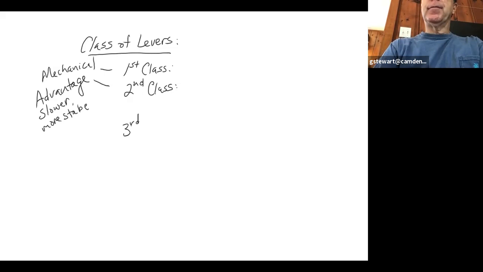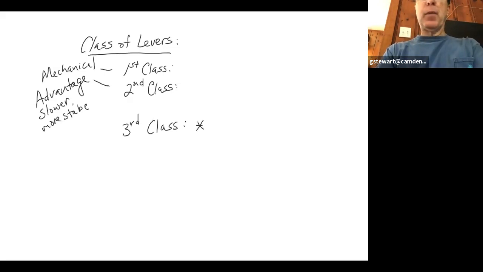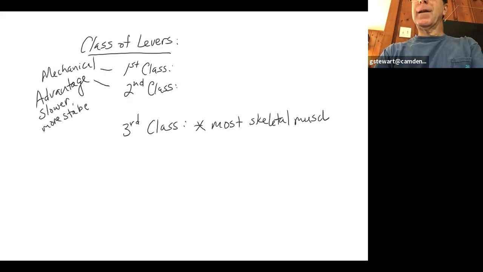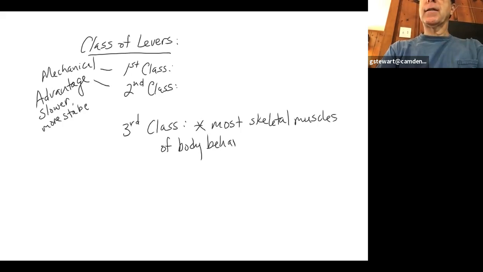Third class levers: the effort is between the load and the fulcrum, and most skeletal muscles in the human body are of this class. Not all, but most of the skeletal muscles of the body behave as third class levers.